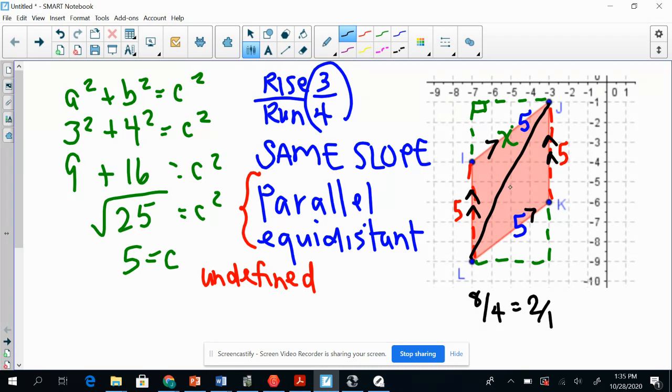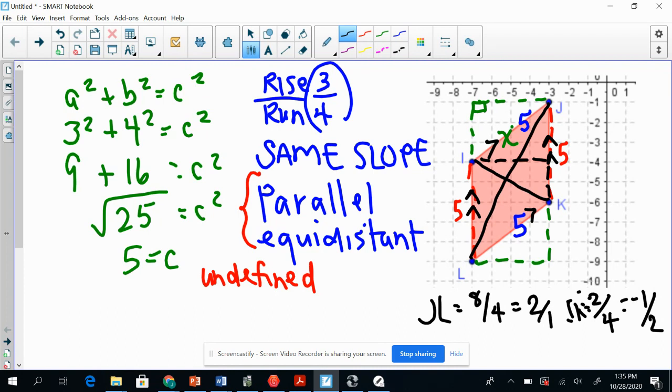And then the slope from I to K, so this is JL, in case I'm talking fast, sorry. I to K, so this diagonal, our slope would be rise 2, 1, 2, 3, 4. So 2 over 4, and this is IK. And it is a negative one, so it's a negative 2 over 4, which would be a negative 1/2.